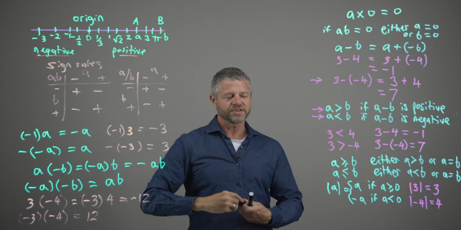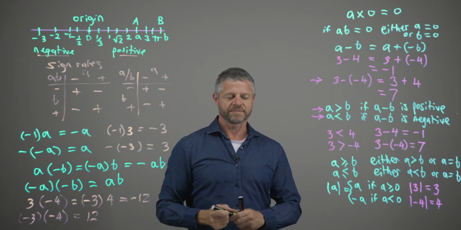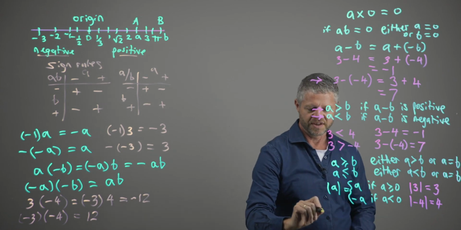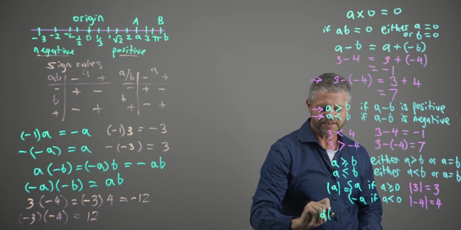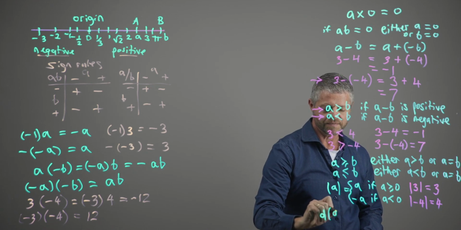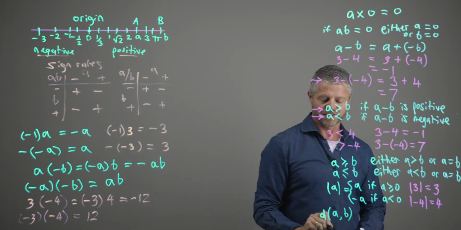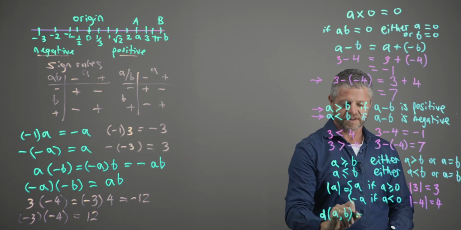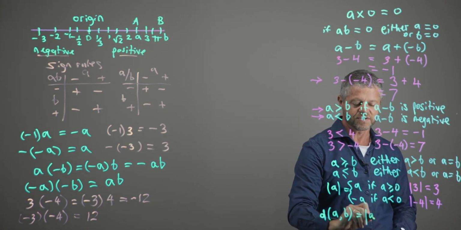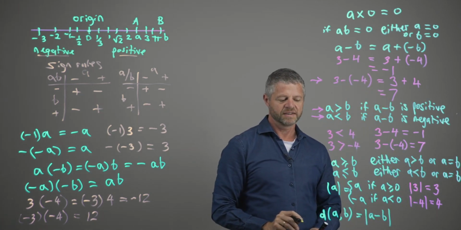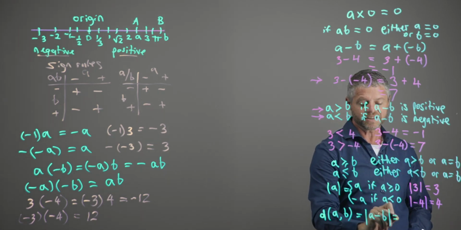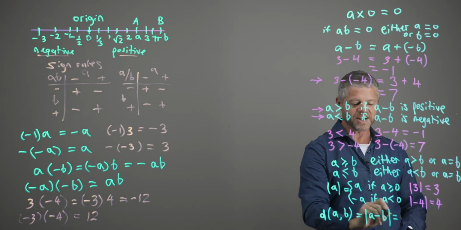And that leads us to thinking about distances. So the distance between 2 points A and B is the absolute value of the difference between A and B. And it doesn't matter which way round you do the subtraction.